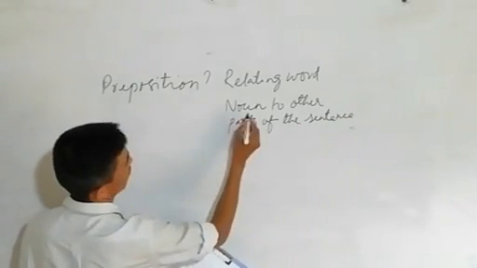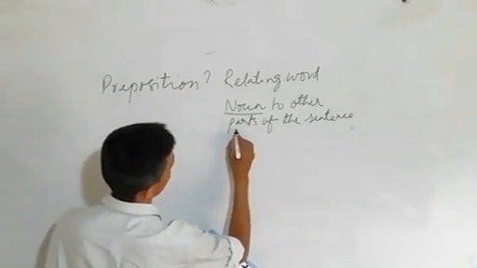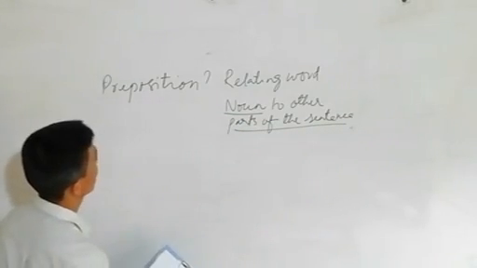The word that relates a noun to the other part of the sentence is called a preposition.